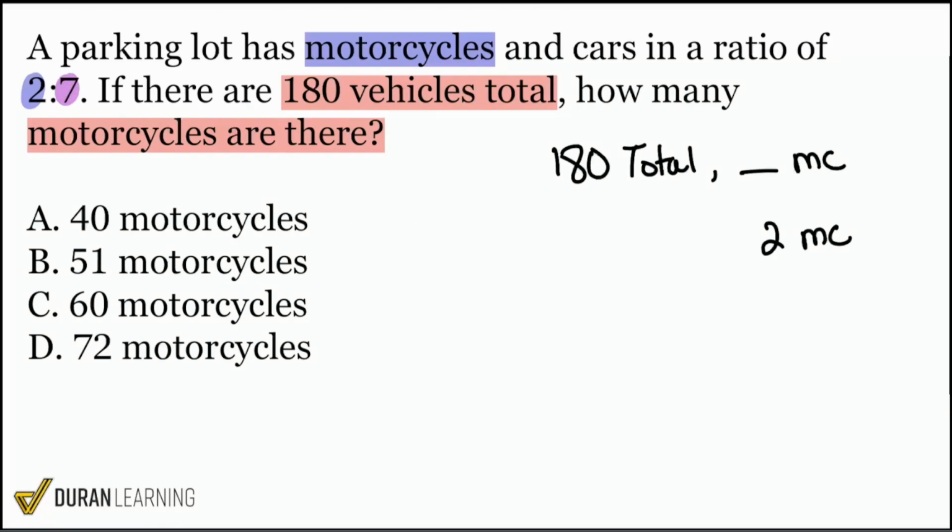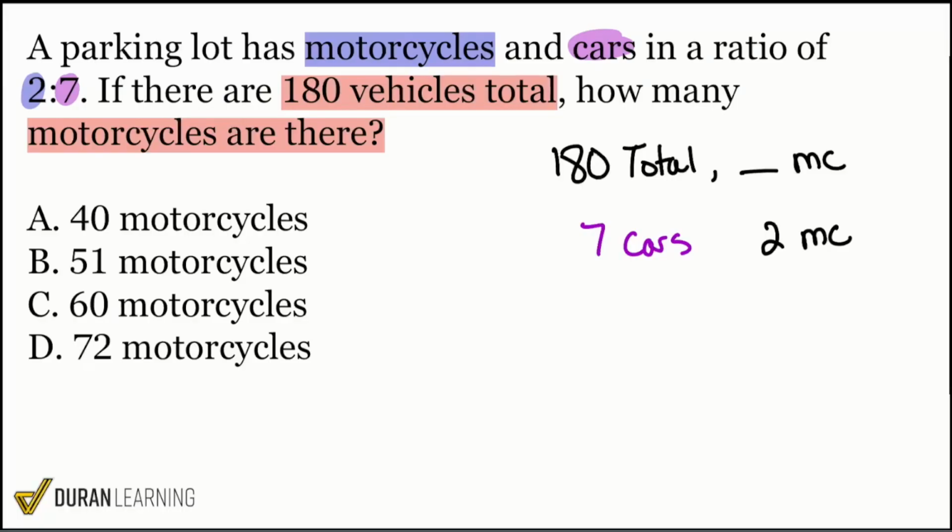When we see that 7 right there in purple, remember that ratios are read in the respective order. So we are comparing motorcycles and cars, not motorcycles and total vehicles. This says motorcycles and cars. So if I highlight that right there, the 7 represents cars. And for that reason, it cannot go in here. It doesn't belong in here.